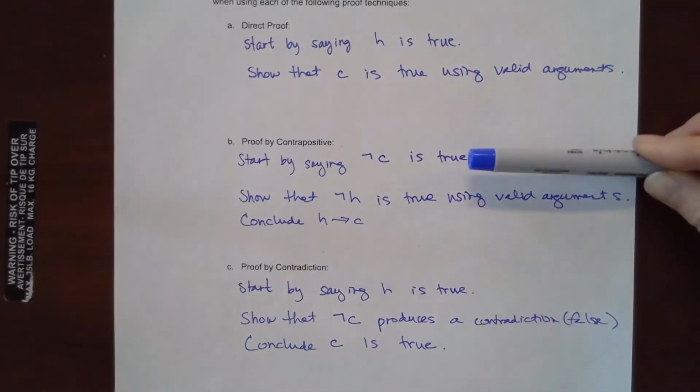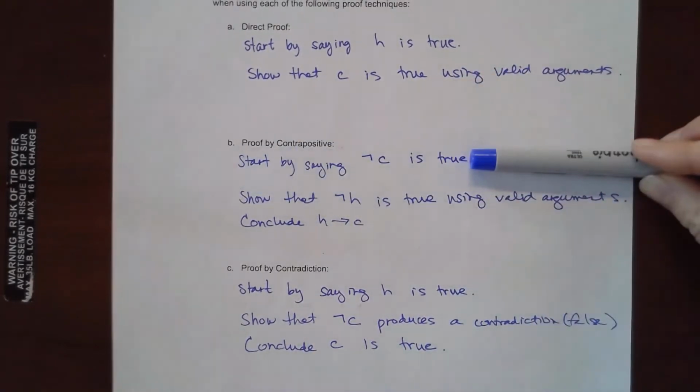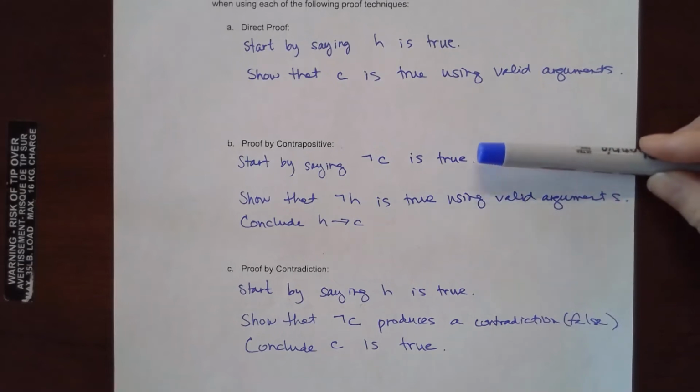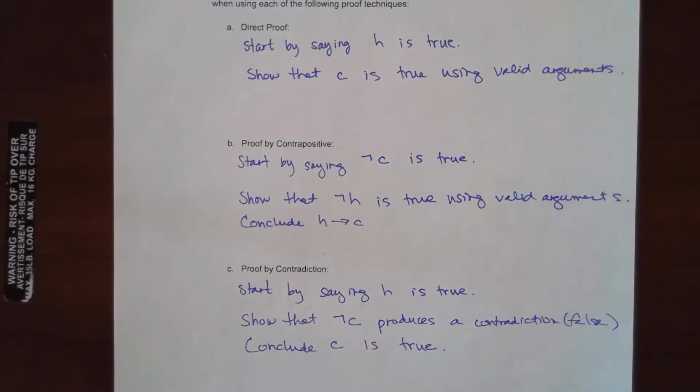So if you're not stating that this is true at the beginning, you have no place to start your argument from. So if you didn't somehow tell me that you were starting by asserting that not C is true, I probably did not give you complete and full credit. Because it wasn't clear to me that you knew that that's what you needed to do. Okay.